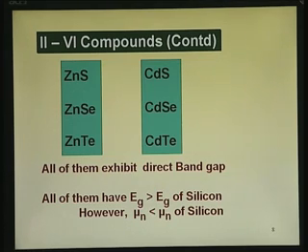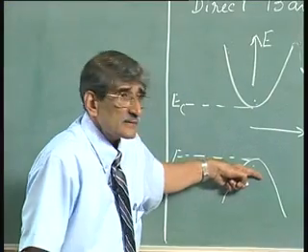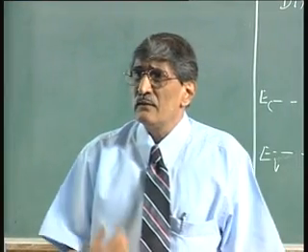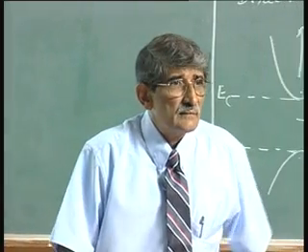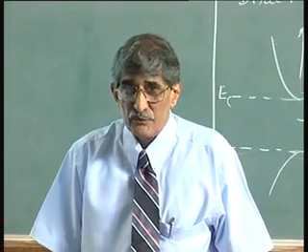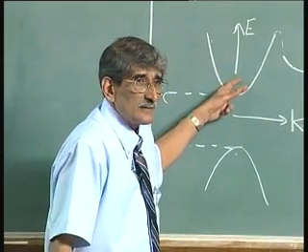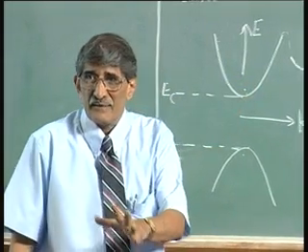The moment you say it is a direct band gap semiconductor, it will be useful for optical applications, because it is a direct band gap material. Direct transition can take place with electron transition, light emission, light emitting diodes, and even in some solar cell applications they will be useful. The transition from here to here or here to here can be managed by means of light.